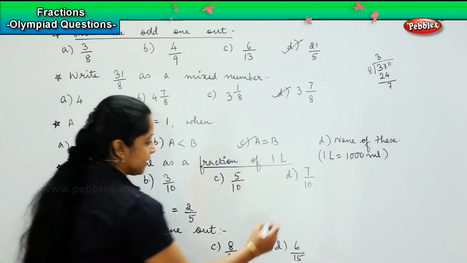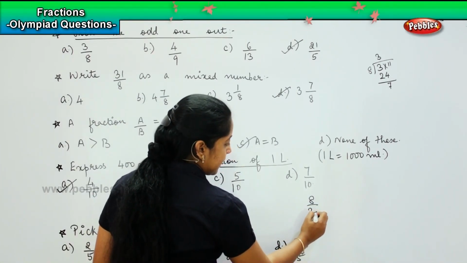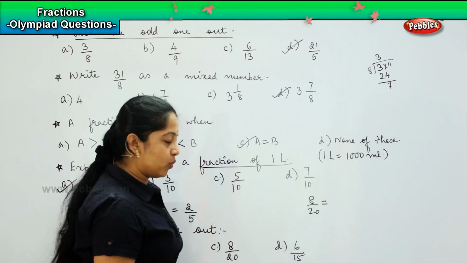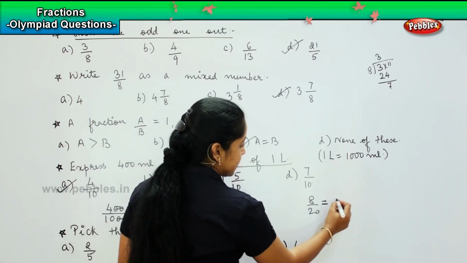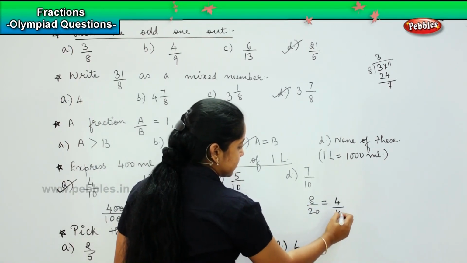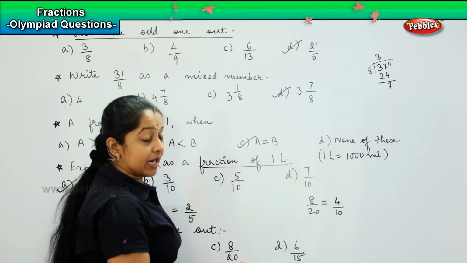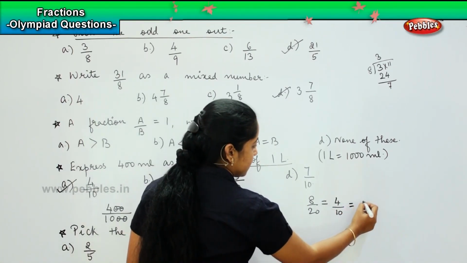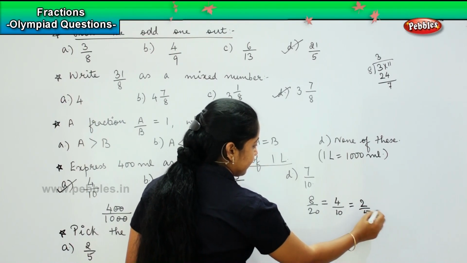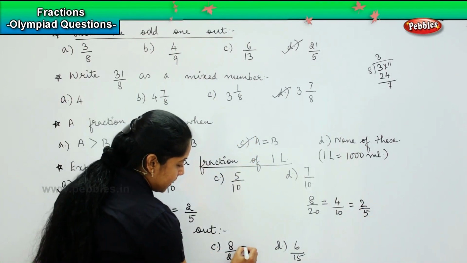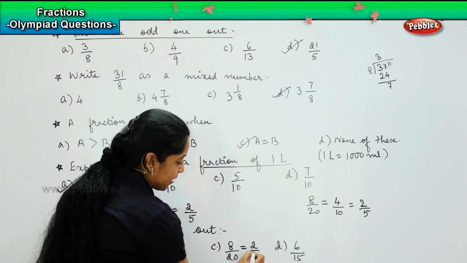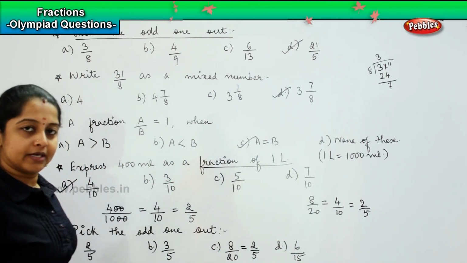So 8 by 20 can also be written as, if I divide both the numbers by 2, this becomes 4 and this becomes 10. Right? If I again divide it by 2, this will come as 2 by 5. So this 8 by 20 I can also write as 2 by 5. Clear?